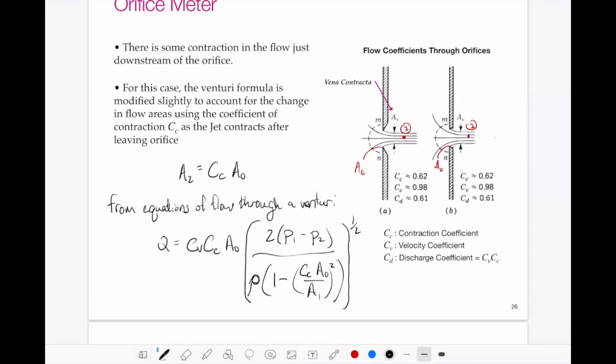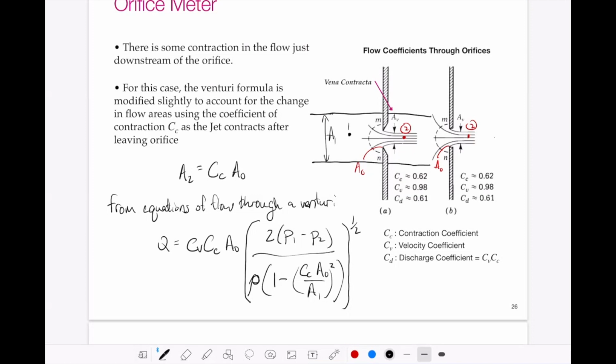So this is if we had some pipe, let's say, like this. This would be A1. Let's assume it's a continuing pipe. The area of the orifice is A0.